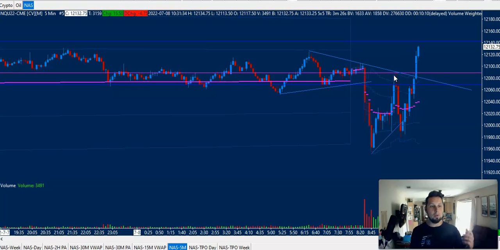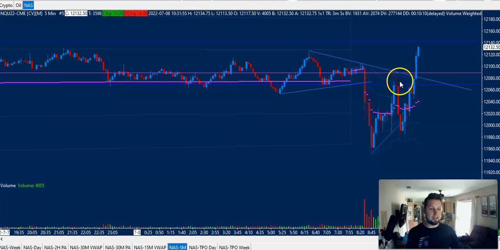So there's nothing wrong with waiting for price to retrace, just like it did, to get essentially a solid risk reward, anticipating a price movement to the downside at that point, right? And that's exactly what we got.